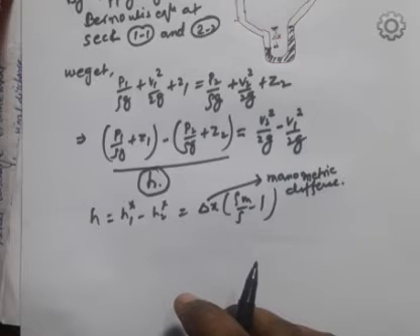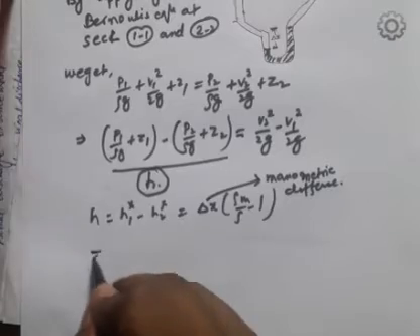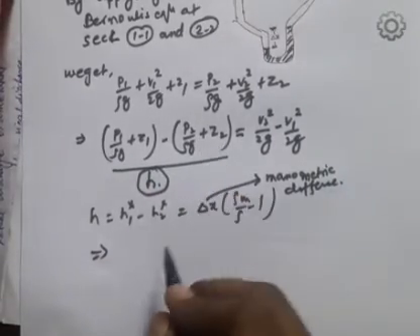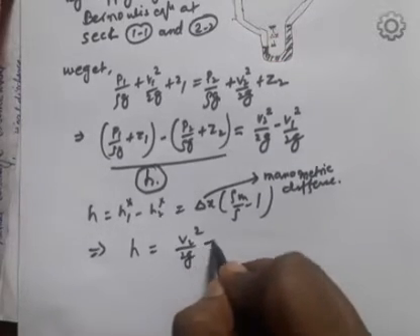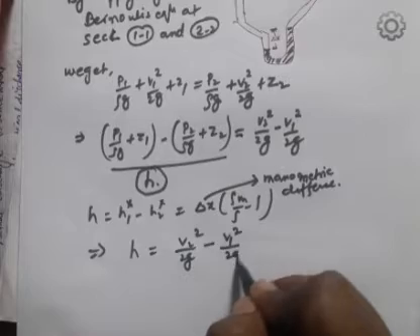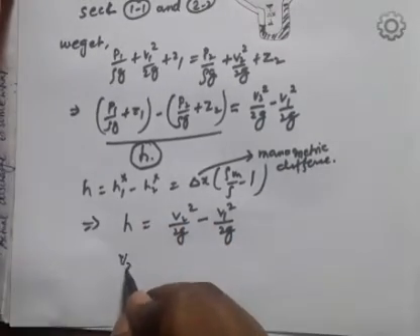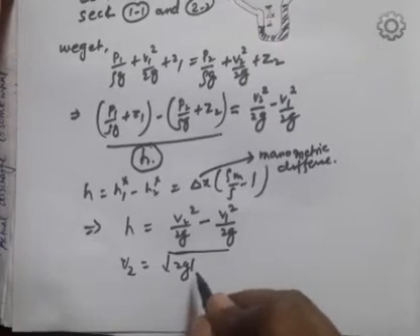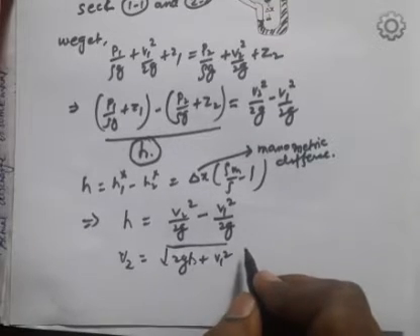Now from this, by putting H, P1 by rho g plus Z1 minus P2 by rho g plus Z2 is equal to H, which equals V2 square by 2g minus V1 square by 2g. We can get V2 equals root under 2gh plus V1 square.